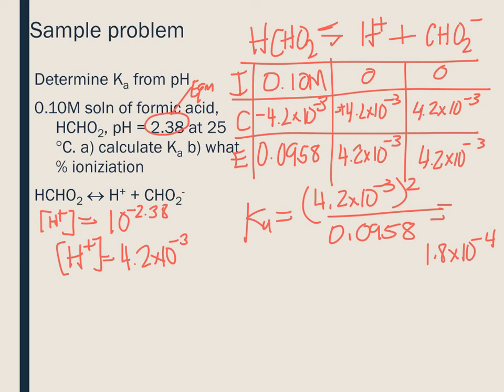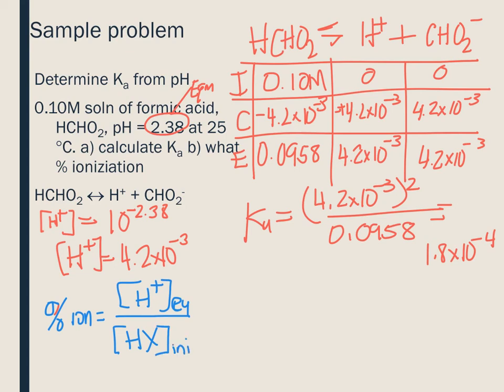Now I'm asked to find the percent ionization. And I do that by taking the concentration of the H plus at equilibrium, and I'm going to divide by the concentration of the acid initially, and then times 100. So that'll give me my percent ionization.